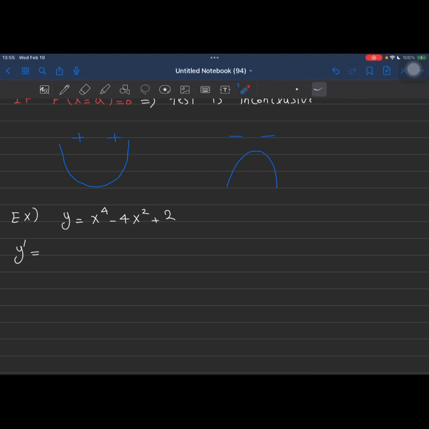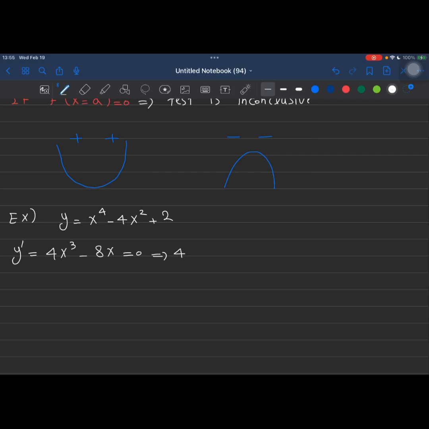By differentiating this equation, it's going to be 4x to the power of 3 minus 8x. Now we set this equal to 0 to find the critical values. If you notice, both 4x cubed and 8x have 4x in common. So I'm going to remove 4x, and I'm going to be left with x squared minus 2 equal to 0.